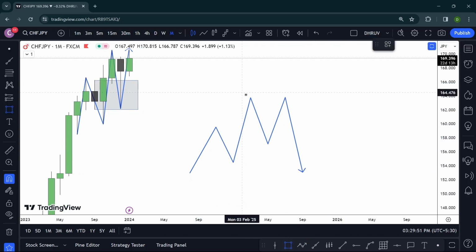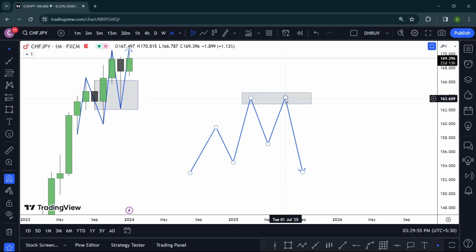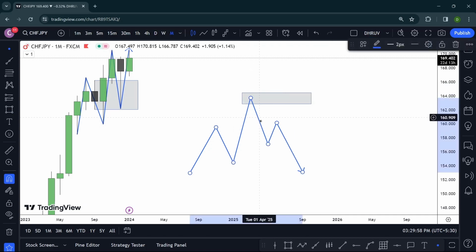It's more like a double top structure, right? Or it could react somewhere over here from some supply and then just break out of this low, right? Or maybe it can go till the very high, right?